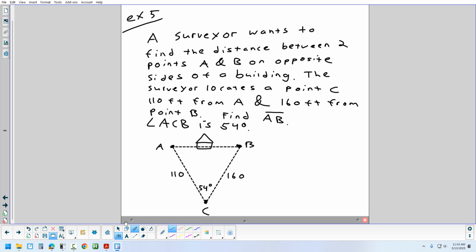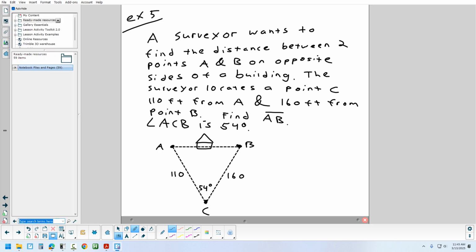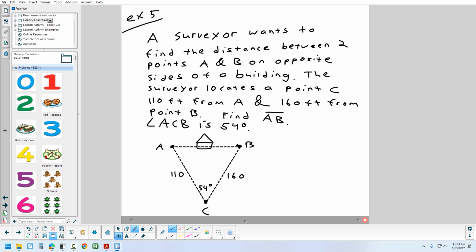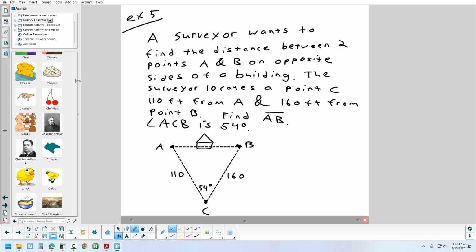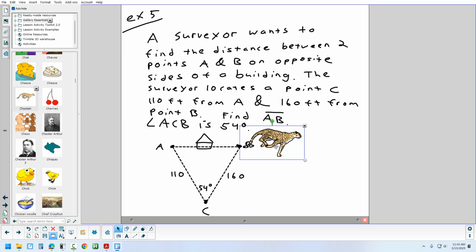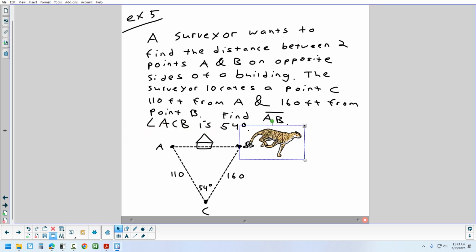Okay, so I've got the house, and let me find. So the reason that we can't measure the distance directly between the two houses is because there's a wild cheetah.